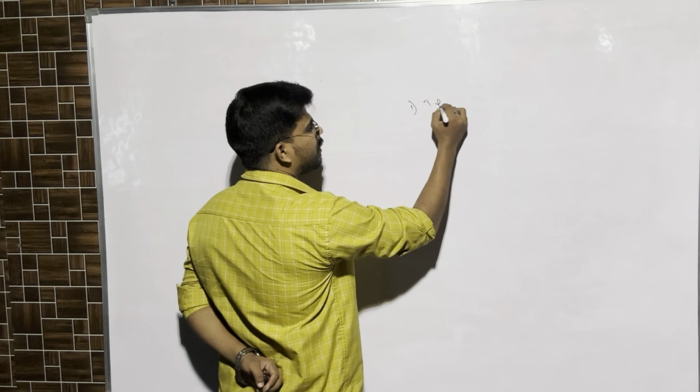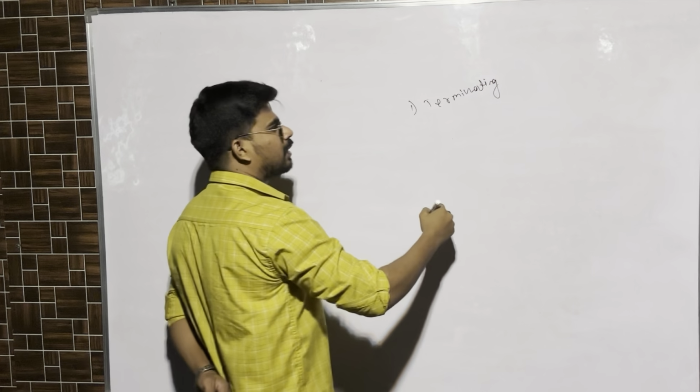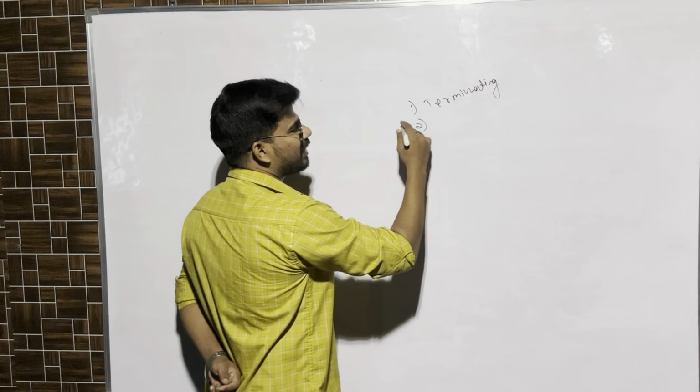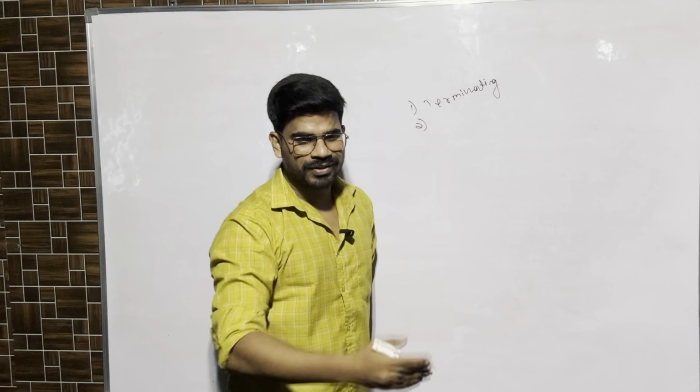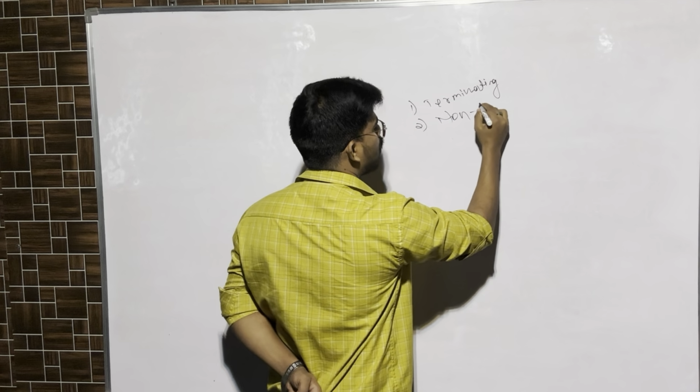First, it is terminating. What is terminating? Please excuse my writing. That's why I am saying the words along with writing, so you can understand it in a better way. First one, it is terminating. Next, it is non-terminating.